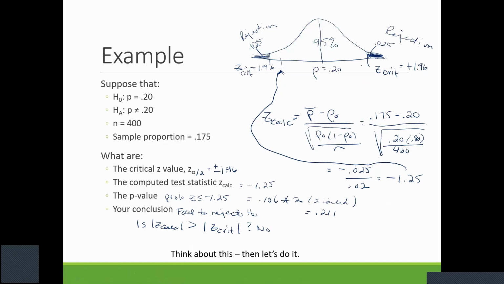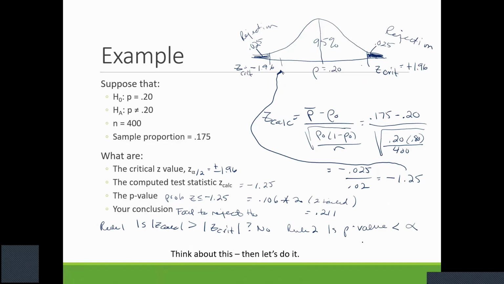Okay, so this is rule 1: is the z calc greater than the z crit. Rule 2 is: is the p-value less than alpha?